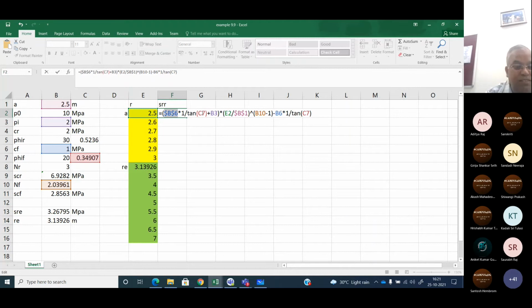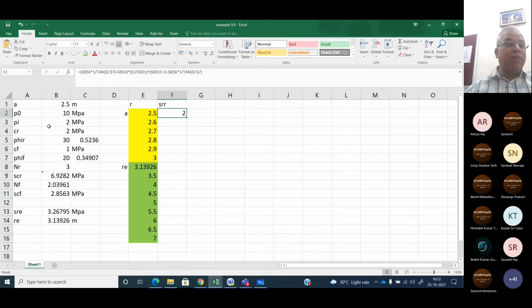If you put the $ sign, it will be constant. Only thing that is changing is this R, so this you will not make constant. The $ sign means you're fixing that cell, whatever the value is. So this will be 2 because I have applied 2 pi. Now I will move it and you see how it is increasing. Okay, it has come up to 2.99 at 3 meter.